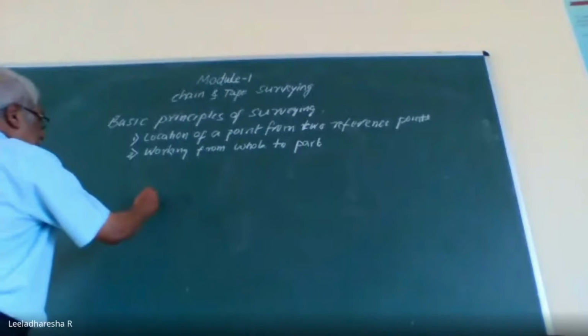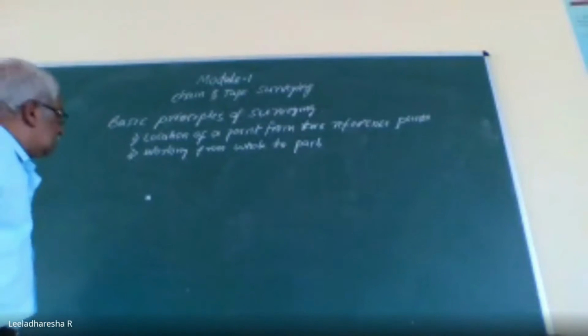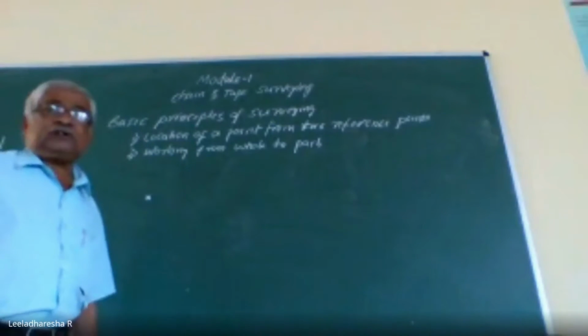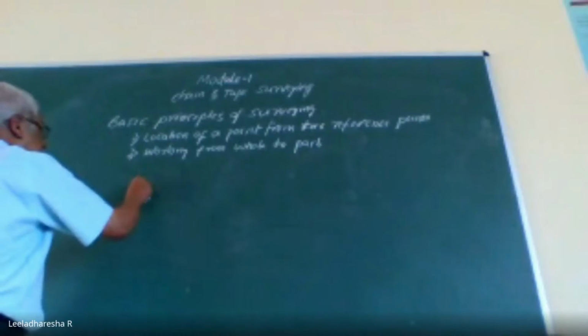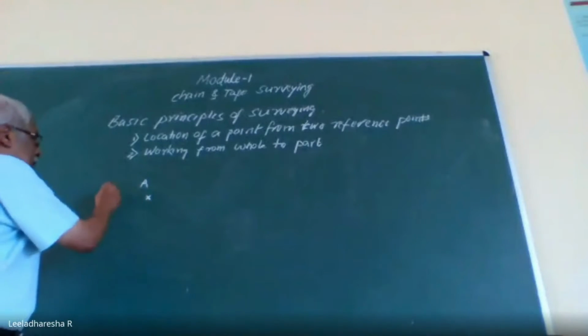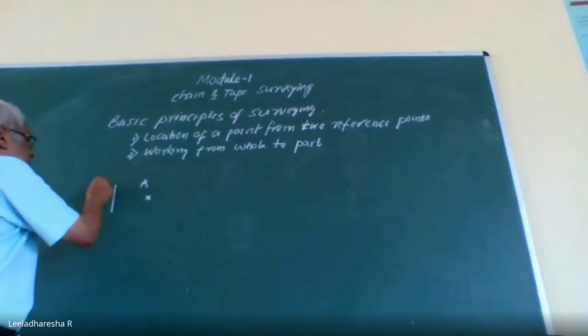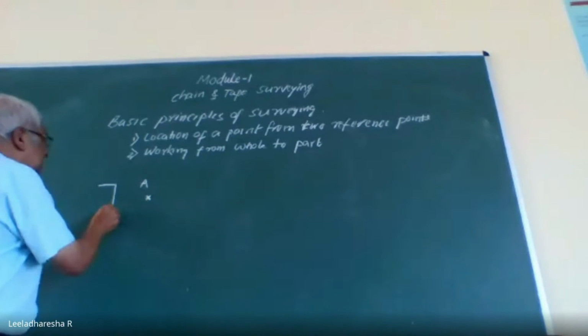For example, I want to survey details for construction of a road. So I will have a starting point called A. You must refer this point from two well-defined points.